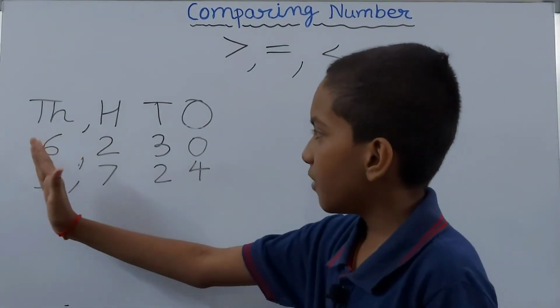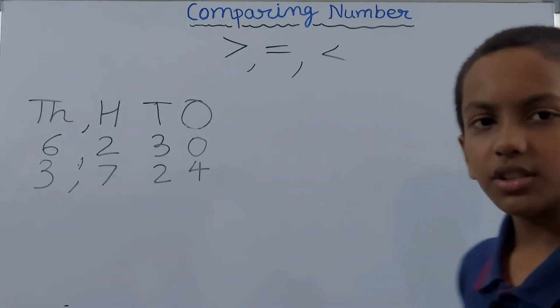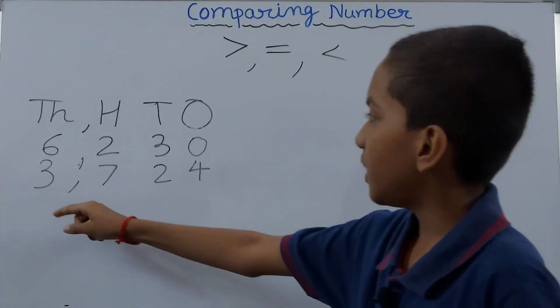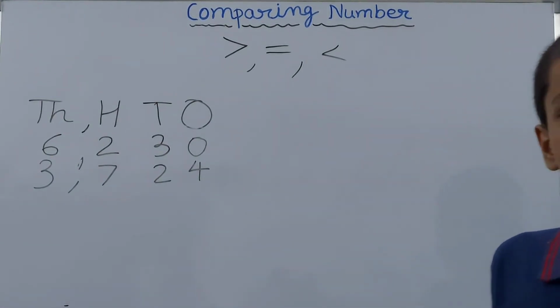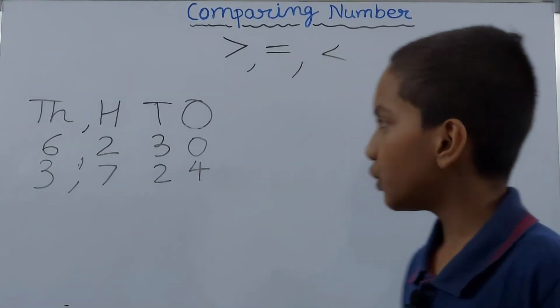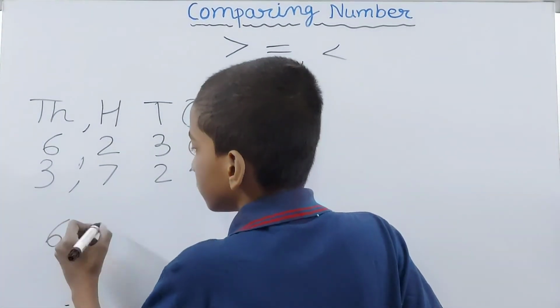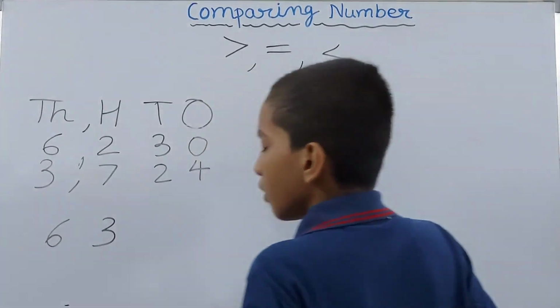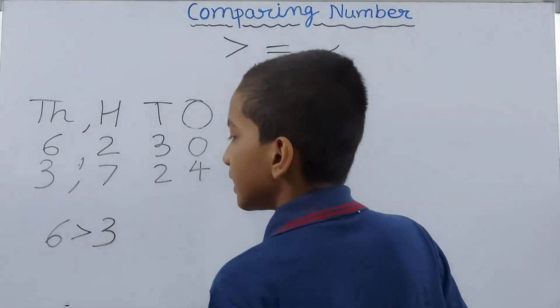So you see, we always go to the left. So 6 is here from 6230 and 3 from 3724. So now compare these two digits. 6 and 3, when we compare them, 6 is bigger than 3.